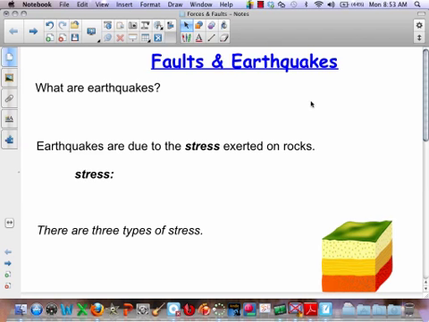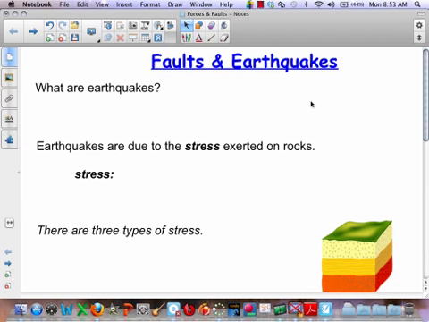Okay. Well, our crust does the same thing. As two blocks of land, not necessarily plates, but two blocks of land are moving past one another, whether one's being subducted underneath the other, or they're literally sliding past one another, what's happening is they get stuck. There's friction. And the rocks get stuck underneath one another.